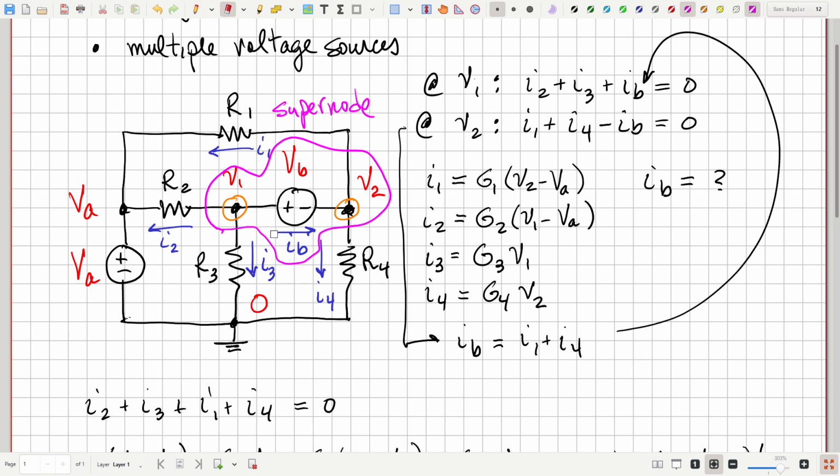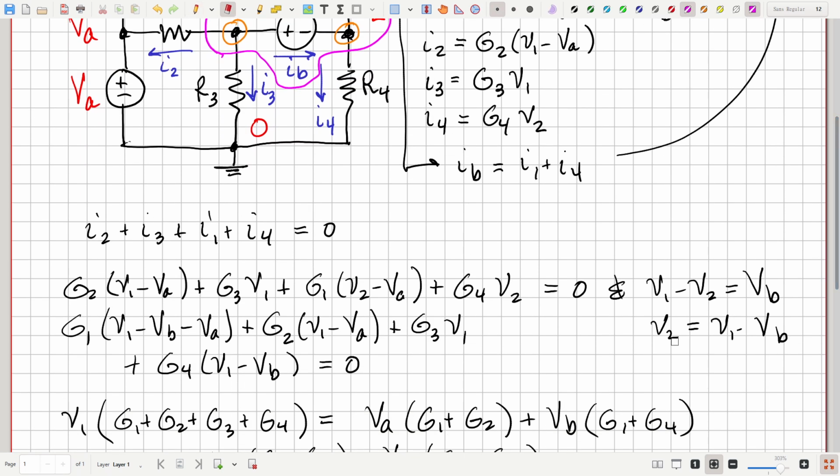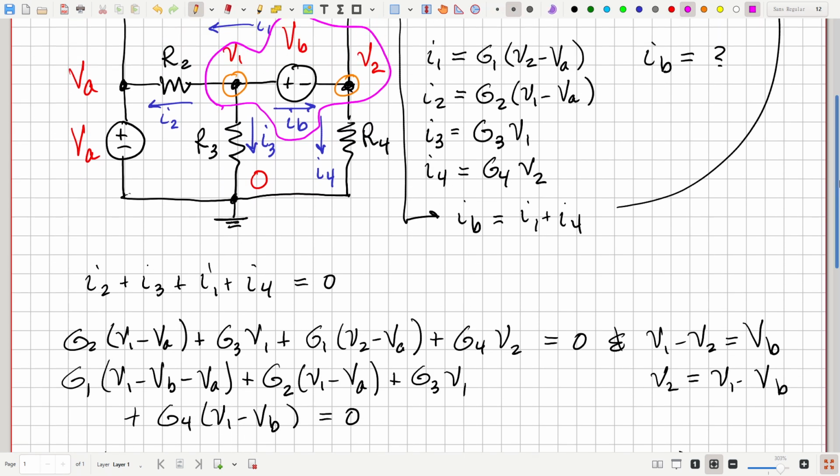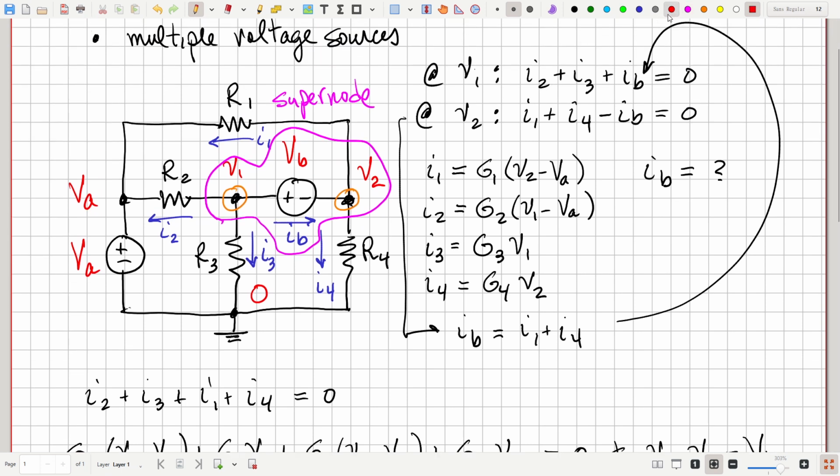And now that current IB does not go through this surface, so it's not going to come into play in Kirchhoff's current law. Moreover, now we can right up front see the issue that we used to get our second equation before, and that is to see that V2 is actually V1 minus VB.